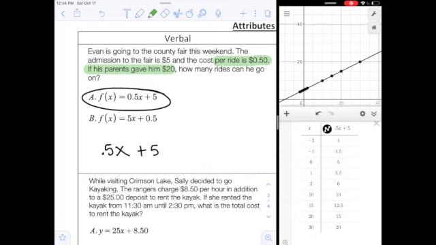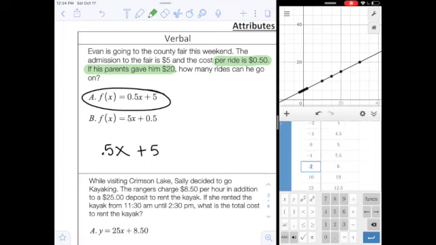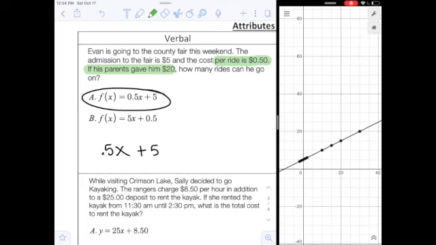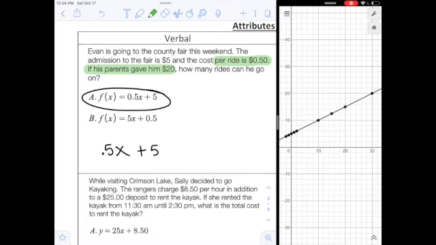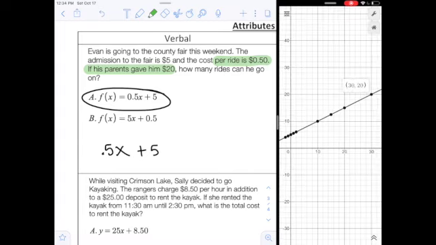So look at this up here because this is really important. Our x's were our number of rides, right? And our y's were our amount, our money. So if we were taking a look at our graph and I wanted to figure out how many rides I could ride, then I would be paying attention to the y-axis. So here's our point. If you were given $20, that would be the y-axis.